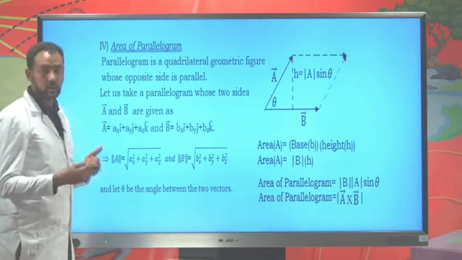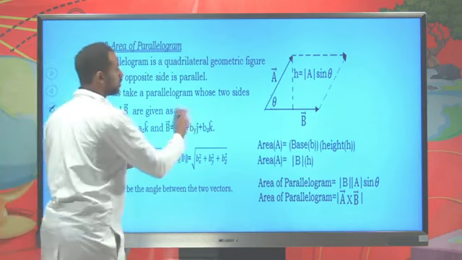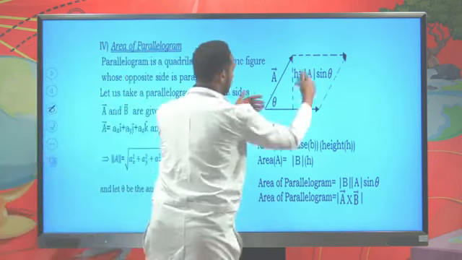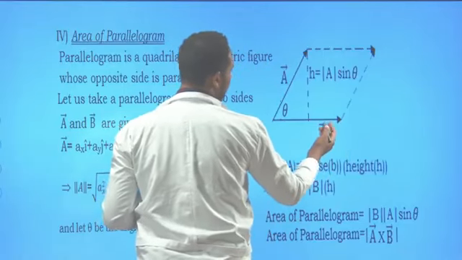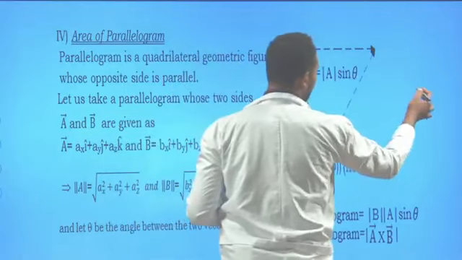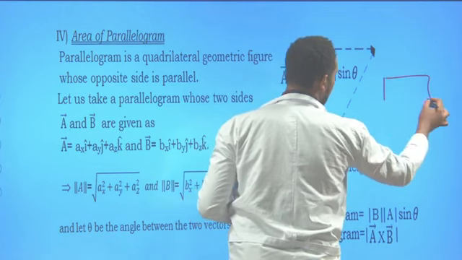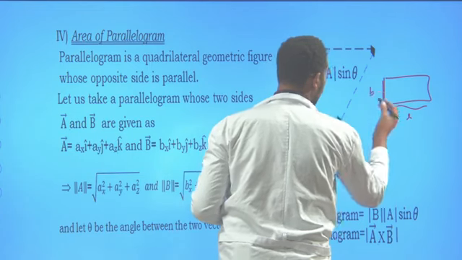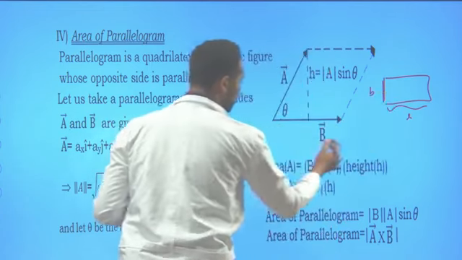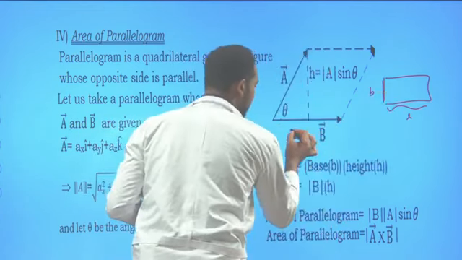A parallelogram is a quadrilateral, a four-sided figure whose opposite sides are parallel. To find its area, we know that the area of a rectangle and so on can be determined using the product of its length and breadth. Here the length is the magnitude of b.